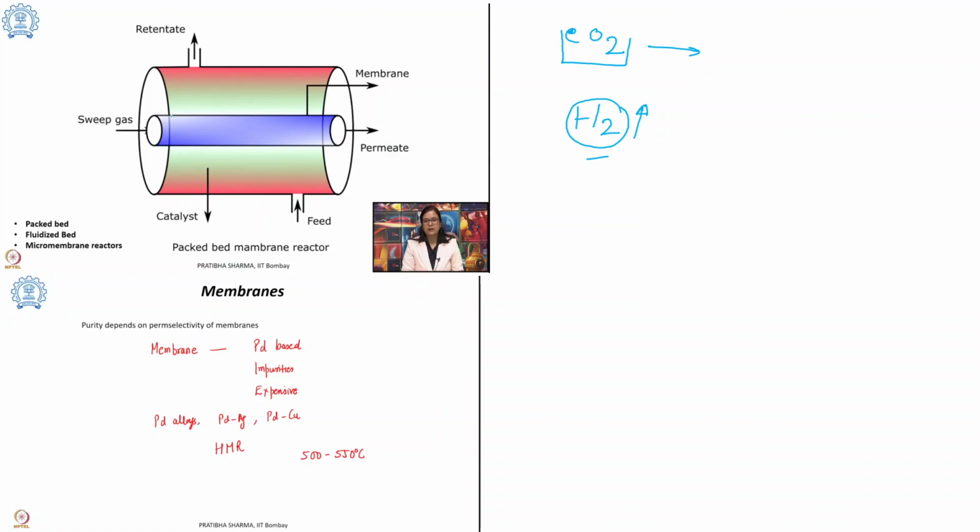Okay, in this case one channel is made of membrane. This is actually the membrane. Do you know what is meant by membrane?